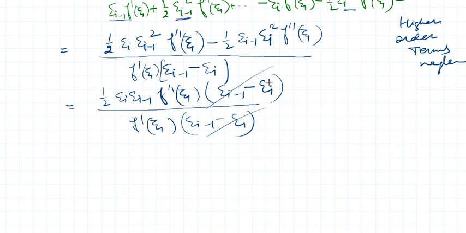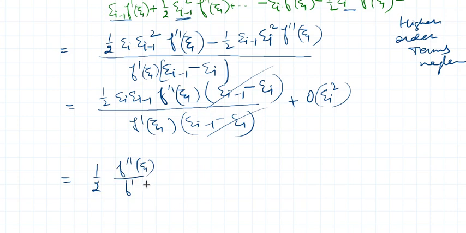Plus the terms containing higher order can be neglected. We are not worried about that. So it is equal to 1/2 f''(ξ) over f'(ξ) times ε_i and ε_{i-1}, right?